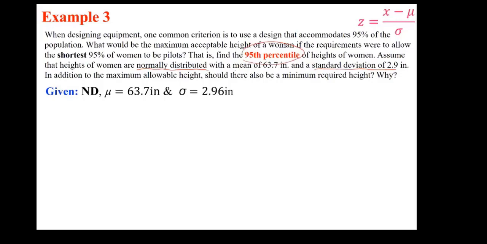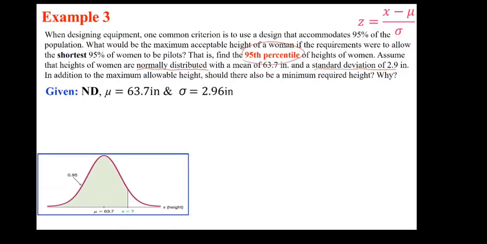In other words, this is what we want. The area to the left of some number, x, is supposed to be 0.95.